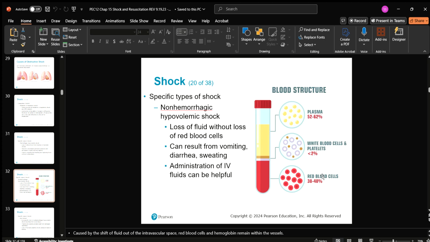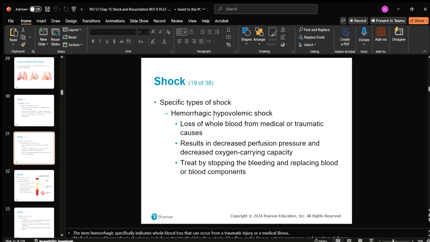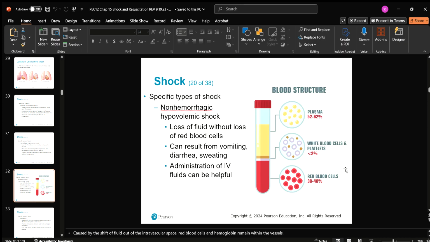Carry oxygen. So hemorrhagic shock is incredibly difficult to stop and control because we're losing all of this. We're losing the fluid, the platelets, and the red blood cells that have the hemoglobin and hematocrits.